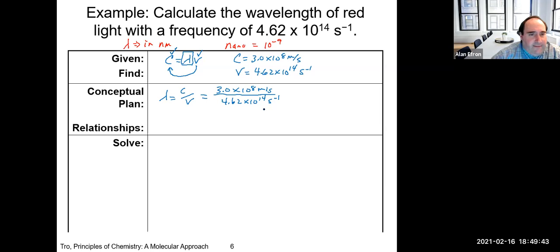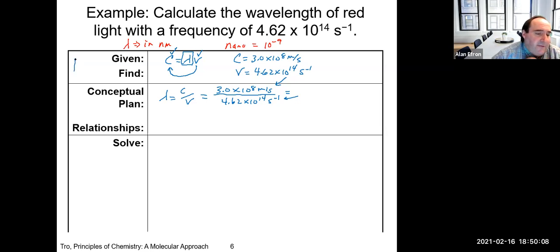It's really important at this point to take a moment and talk about how to properly enter these numbers into your calculator. First off, a reminder: if you know this, that's good. If you're not sure, this will be a good review. Whenever you put a number in your calculator in scientific notation, you want to make sure that you actually use your exponent button.